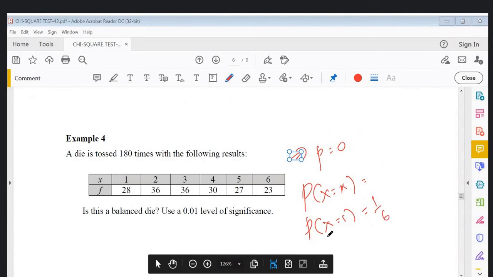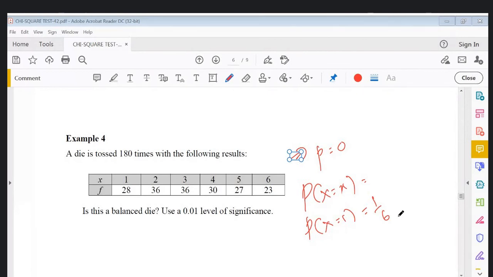Why 1 over 6? How do you get the probability 1 over 6?